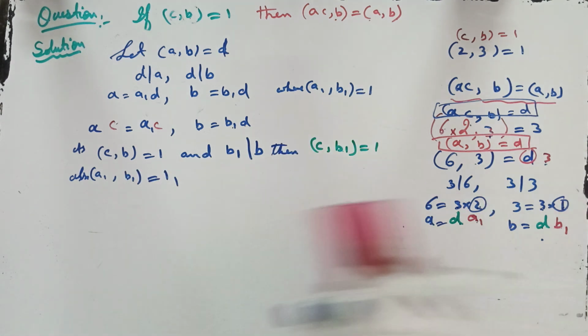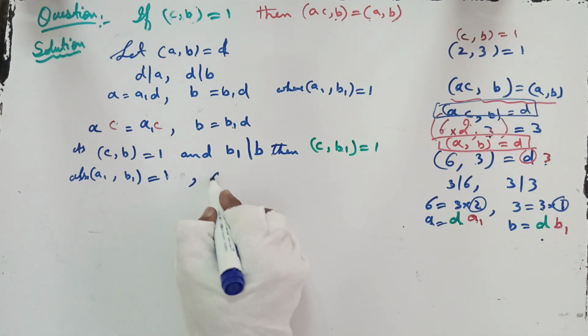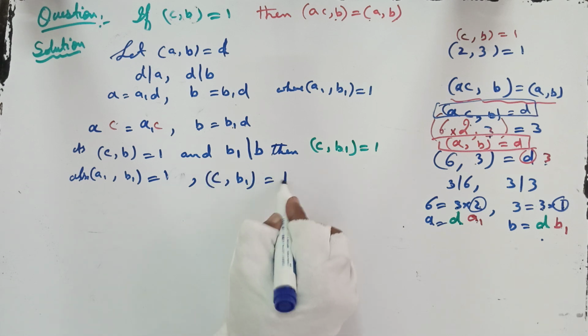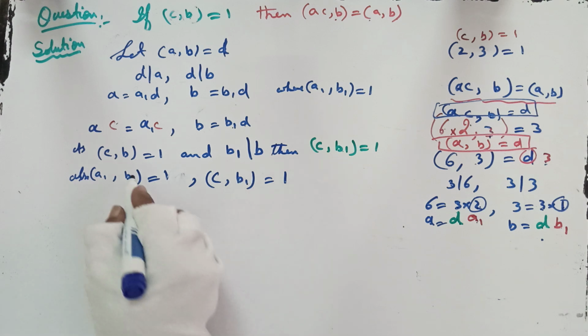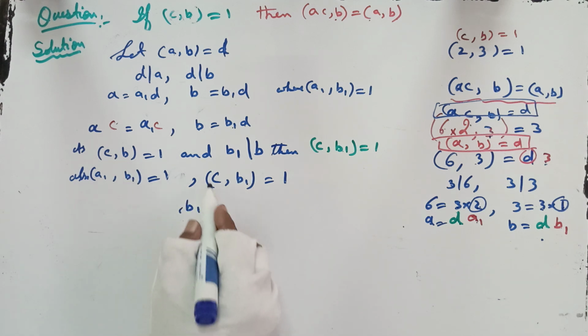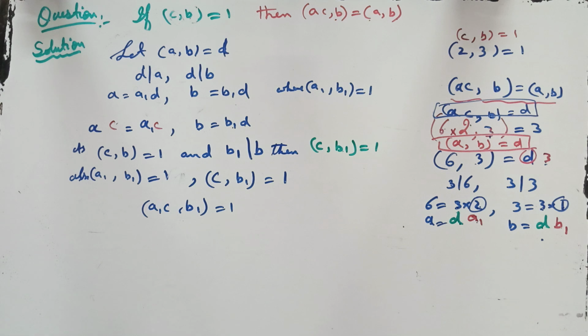And C and B1 are also relatively prime. So it is understood that B1 is the same, and the multiple of these two numbers must be relatively prime.